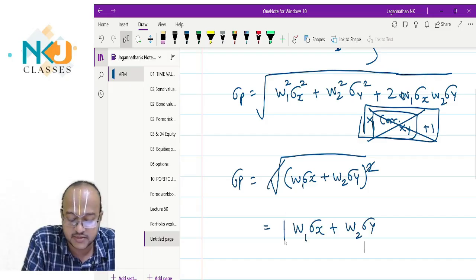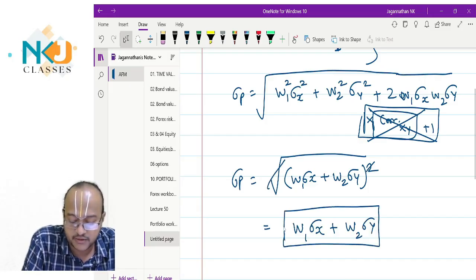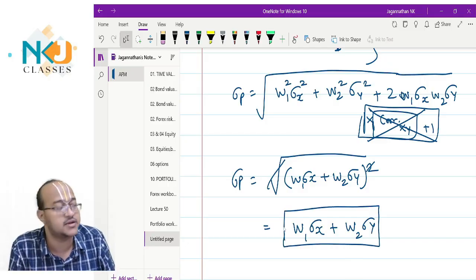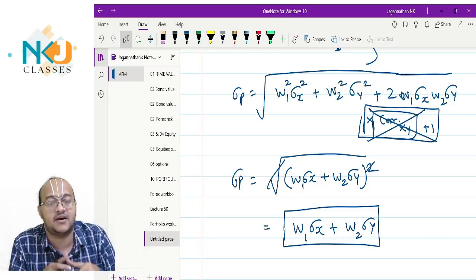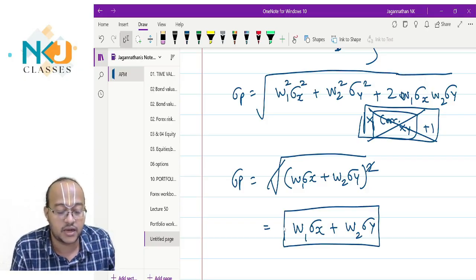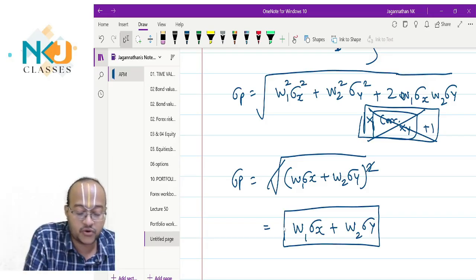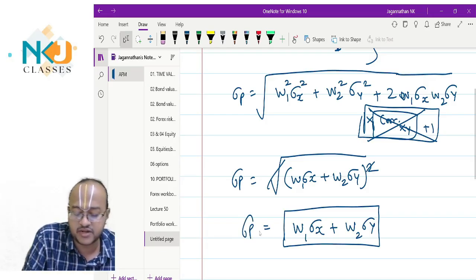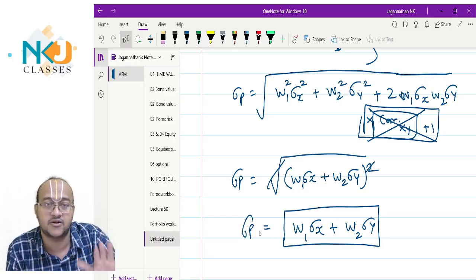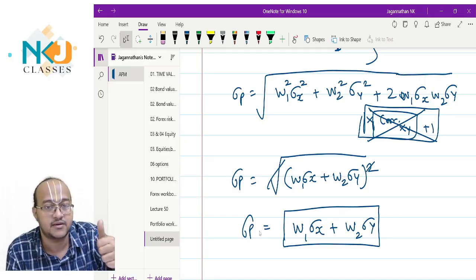Are you all getting this? Understood what I am trying to say? Which means ultimately this is nothing but the weighted average risk of the individual securities. When correlation is exactly plus 1, what is the risk of the portfolio? It is nothing but the weighted average risk of the individual securities inside the portfolio. Are you understanding? Observing? This is clear?